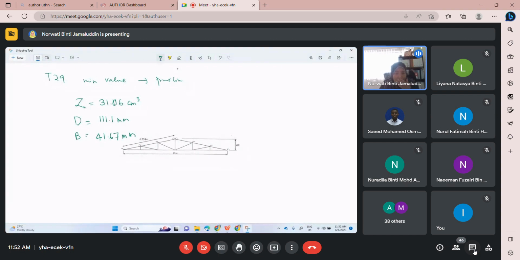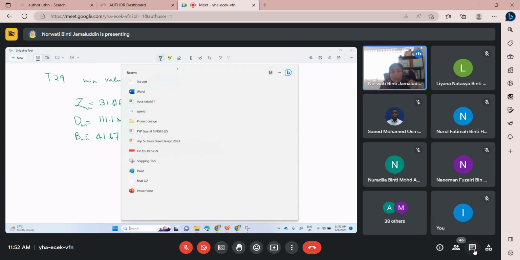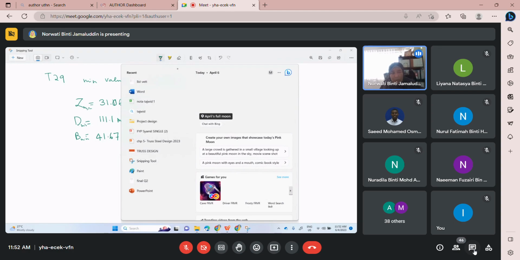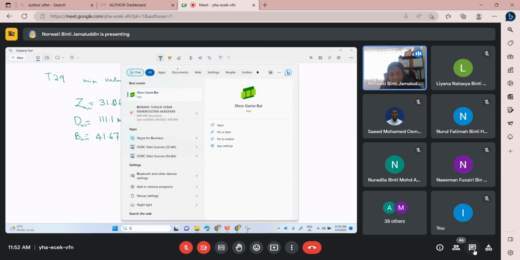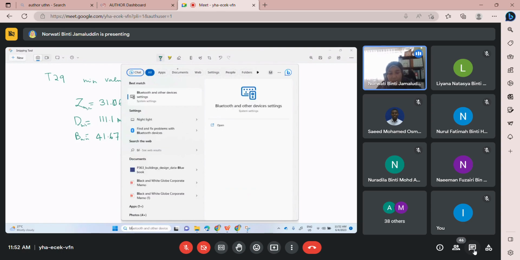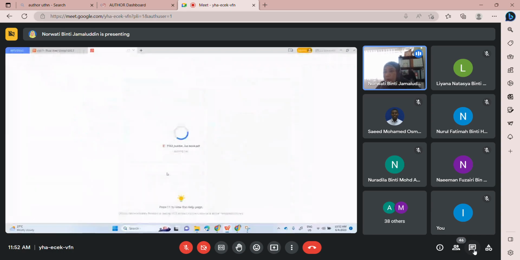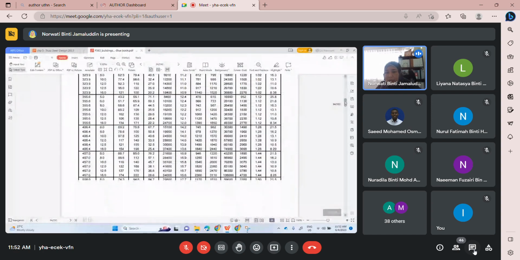This is all minimum value that you need to fulfill. Okay, now it is time for you to choose the size. Okay, so based on the blue book, look for angle section.